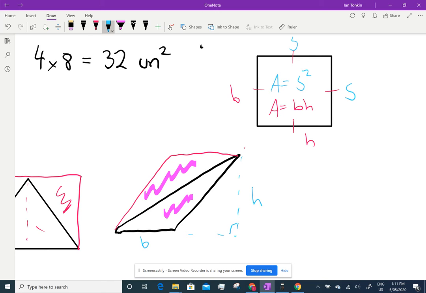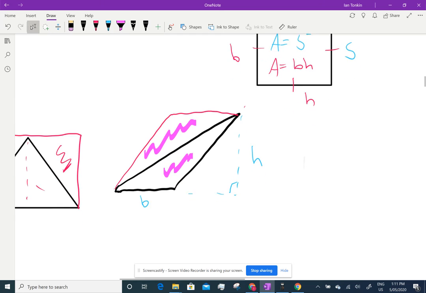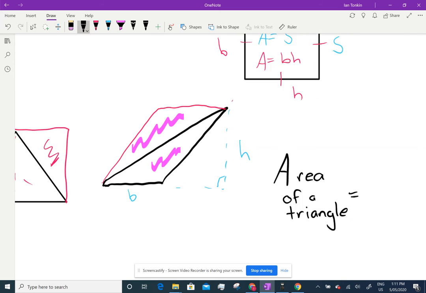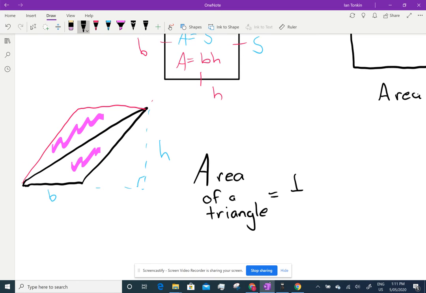So the area of any triangle, because you can copy, paste, flip, and make it into a parallelogram, equals a half, because it's half a parallelogram, half the base times the height.